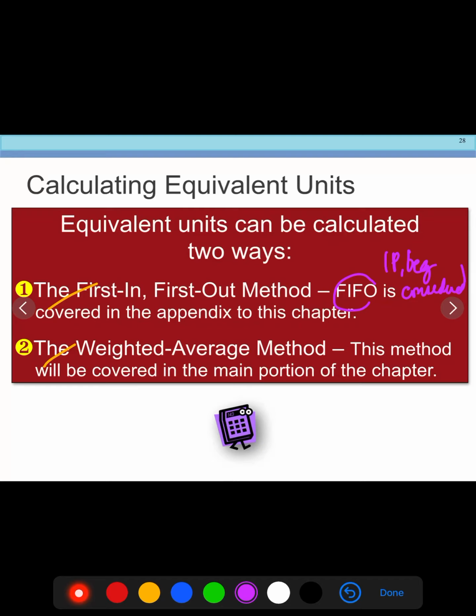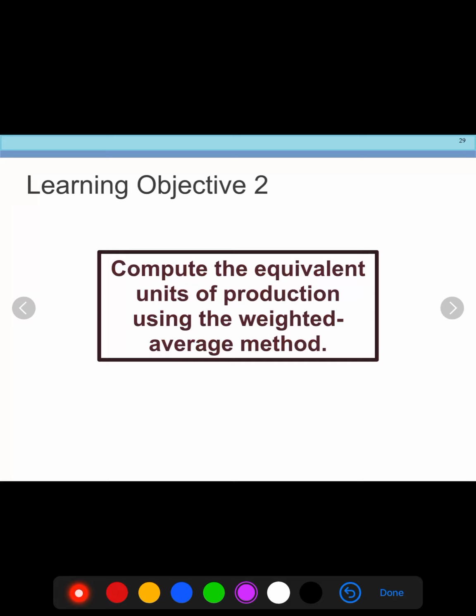Under the weighted average method, regardless whether the completed is from the in process beginning or from the one which is being started during the period, hindi natin pinapakailaman yun. Regardless of those two, if it is completed, it is considered to be 100% completed.